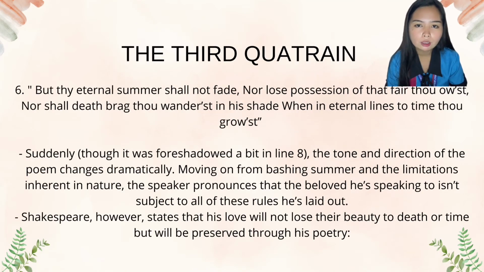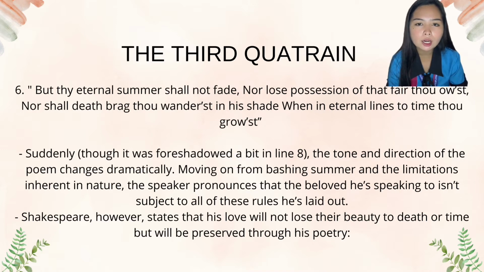Third quatrain. "But thy eternal summer shall not fade, nor lose possession of that fair thou owest, nor shall death brag thou wanderest in his shade, when in eternal lines to time thou growest." Suddenly, though it was foreshadowed a bit in line 8, the tone and direction of the poem changes, moving on from bashing summer and the limitations inherent in nature.